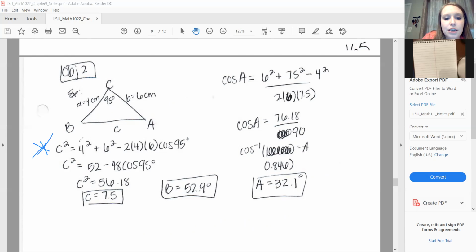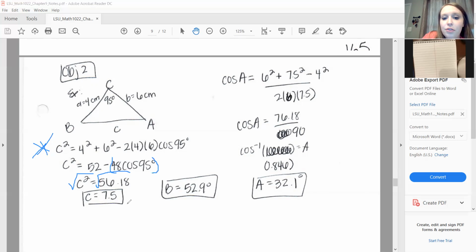I do this part first: 16 plus 36 gives me 52. 2 times 4 times 6 is 48, cosine 95. Then you could enter it in any calculator just like this, but put parentheses right here. And it'll give you side C, but that's C squared. So then you have to take the square root of that, and you get C is 7.5.